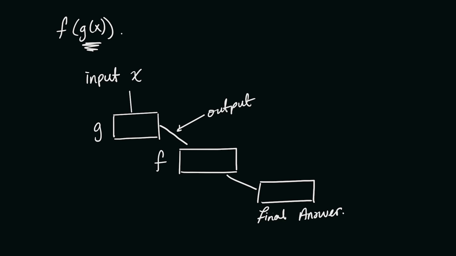Now, let me show you this as a little example. The way we would do it is, let's say that f of x is equal to negative 3x plus 10, and g of x is equal to 2x minus 4.